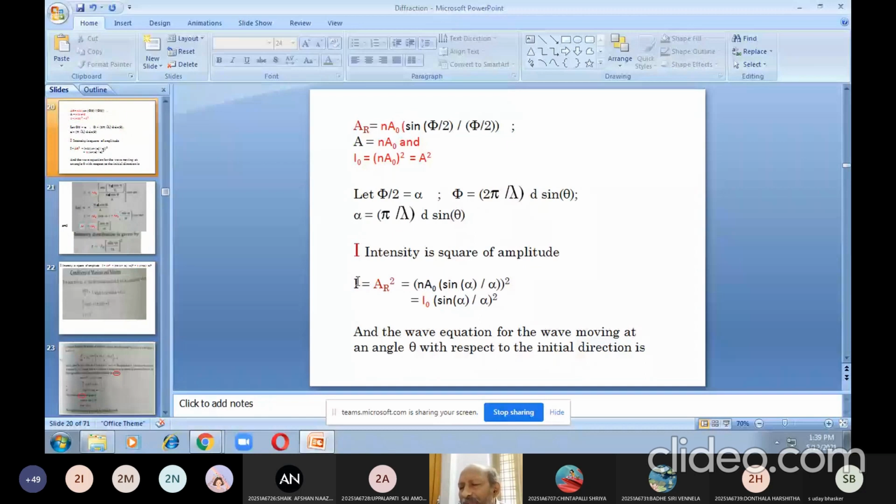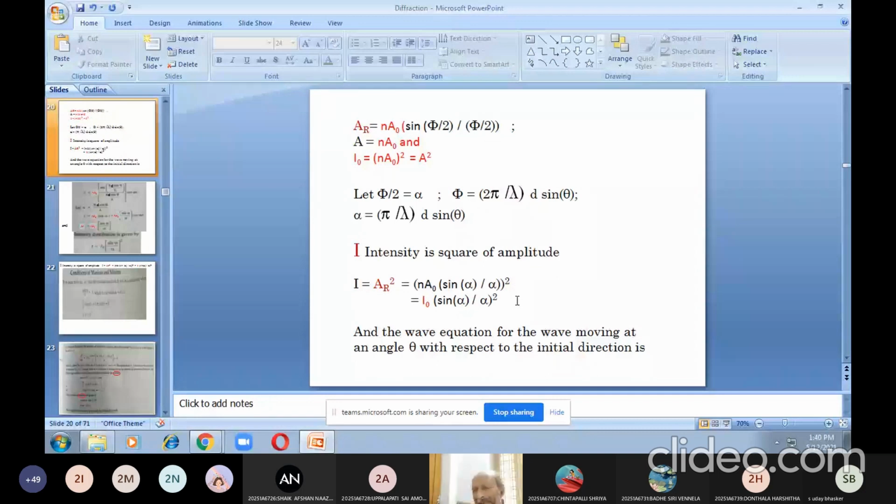If I take n A naught whole square as I naught, then the intensity distribution is given by I is equal to I naught sine alpha by alpha whole square. That's the simple mathematics of it, where alpha is equal to phi by 2, and phi is equal to 2 pi by lambda into d sine theta, the path difference into 2 pi by lambda, the phase changing component.